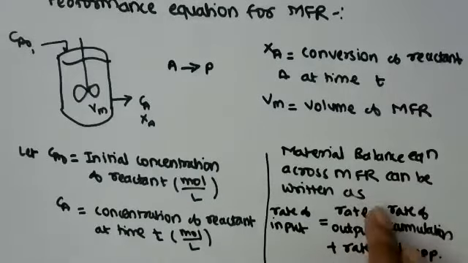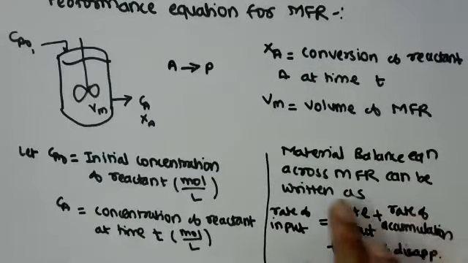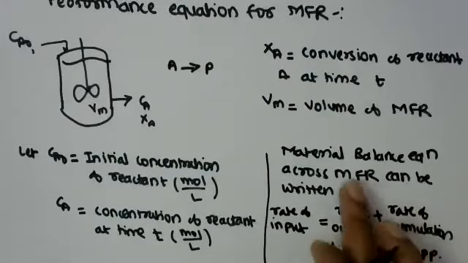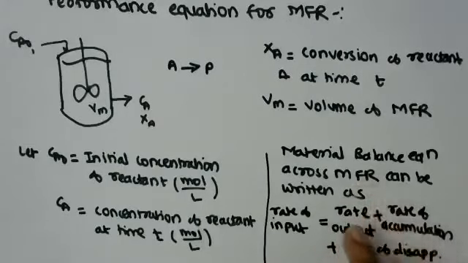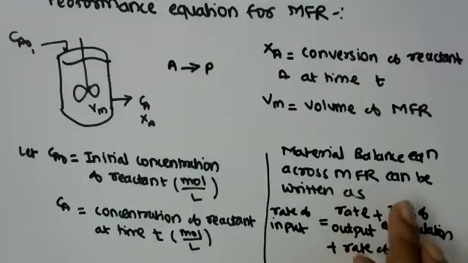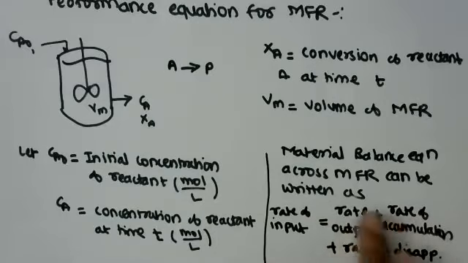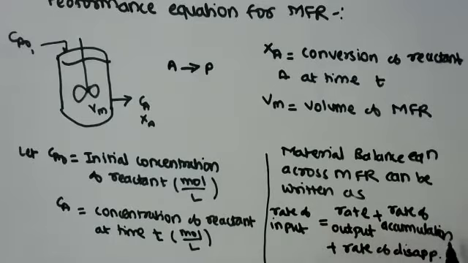Even though I have considered the equation across MFR, at the moment I have written the general equation applicable for any reactor, which says that rate of input is equal to rate of output plus rate of accumulation plus rate of disappearance. We'll denote this equation as equation 1.